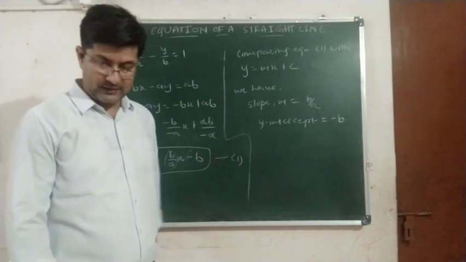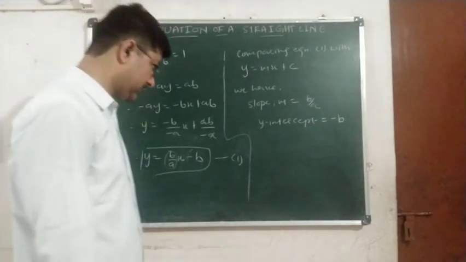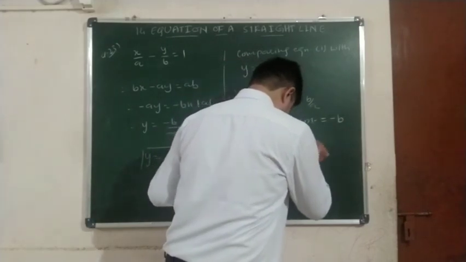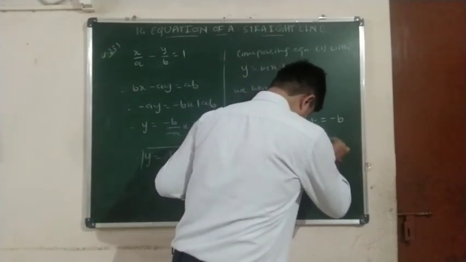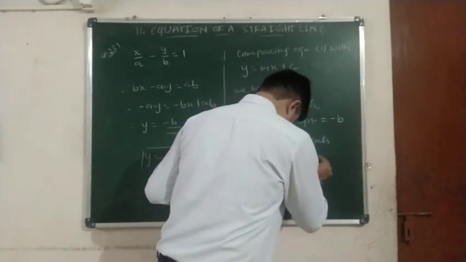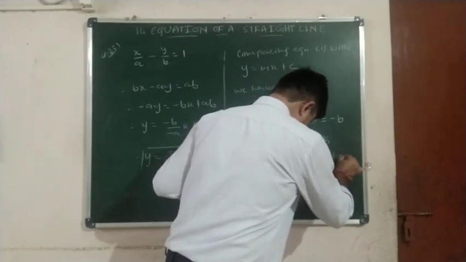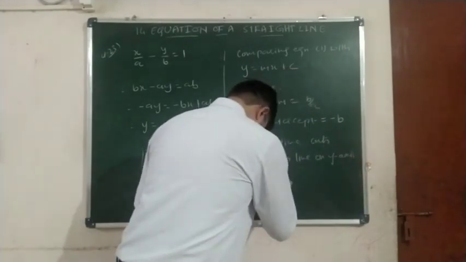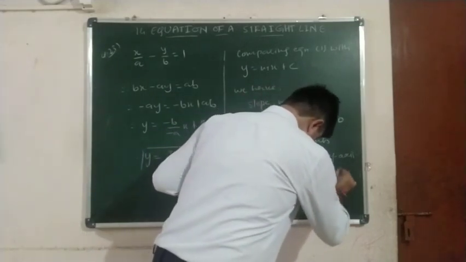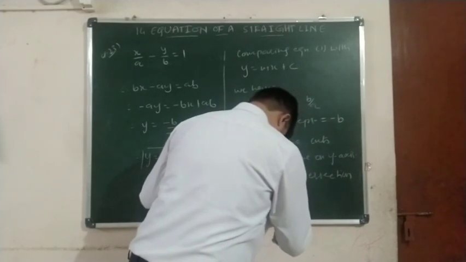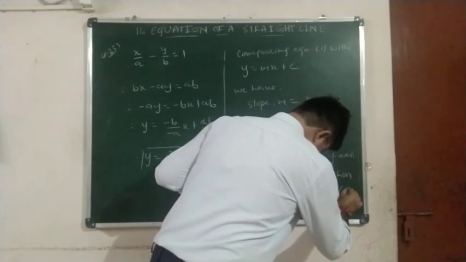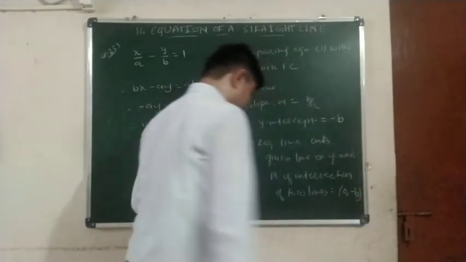Therefore the required line cuts the given line on the y-axis, and the point of intersection of the two lines will be 0 comma minus b.